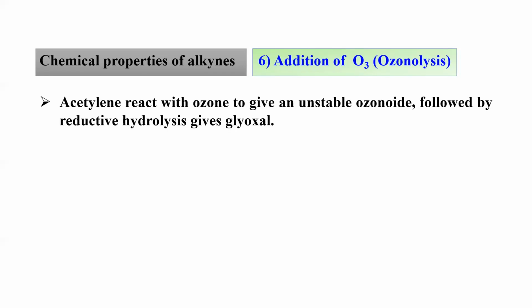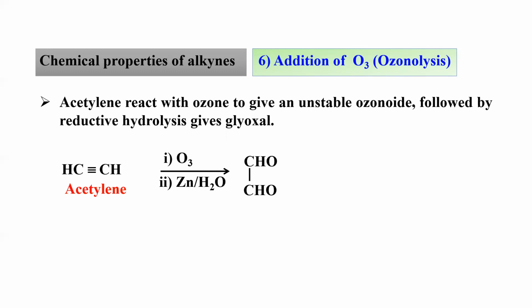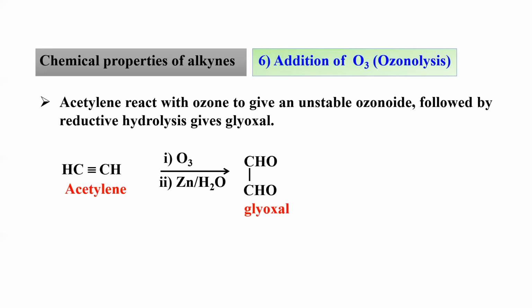Same logic applies here. Acetylene reacts with ozone to give an unstable ozonide, followed by reductive hydrolysis, giving us glyoxal. So let's have a look at the reaction. I start with acetylene, which reacts with ozone in the presence of zinc and water, giving us glyoxal.